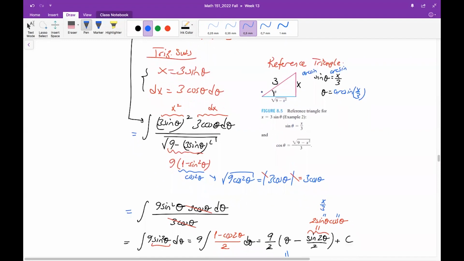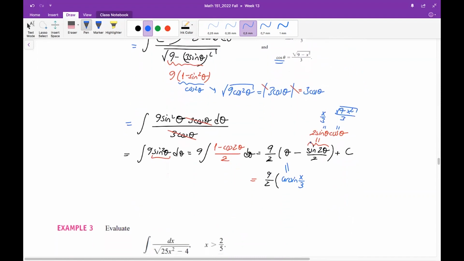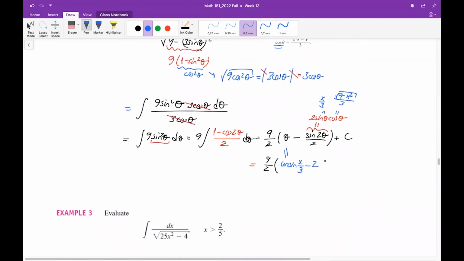And what is cosine theta from this right triangle? Cosine theta is this adjacent edge divided by the hypotenuse, like this. So the result is minus 2 times sine theta times cosine theta plus c.